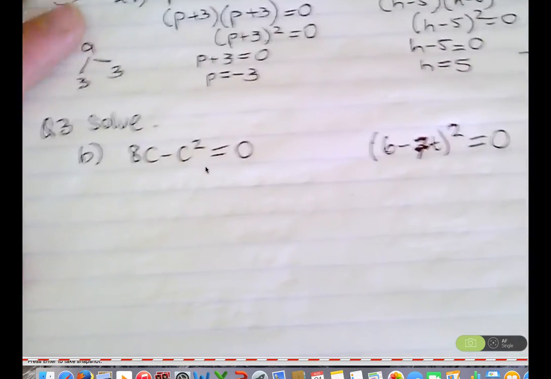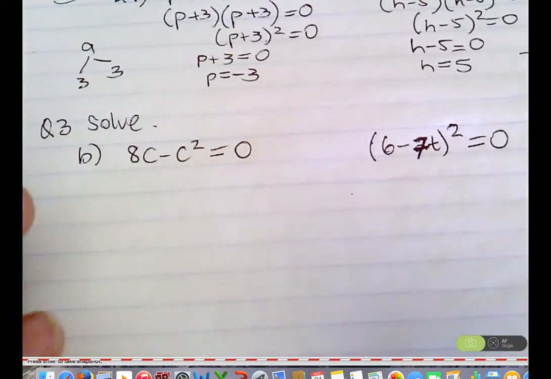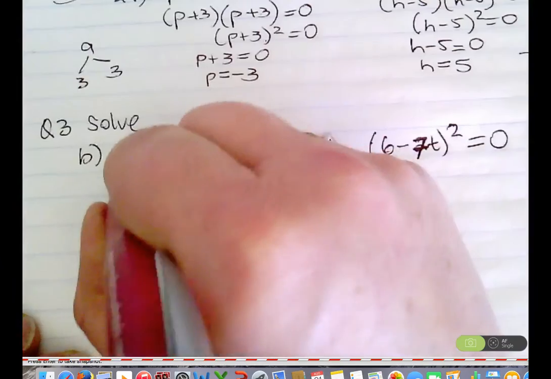Girls, question 3. Now, I did say if it's a c squared, I prefer you to swap the sides, but mainly if it's a trinomial, not a binomial. But shh, you can if you want. See how the c squared here is negative. You could take everything to the other side and solve if you want, but you don't have to. Well, let's just try and see what the common factor is. Let's just try and factorize, c bracket.